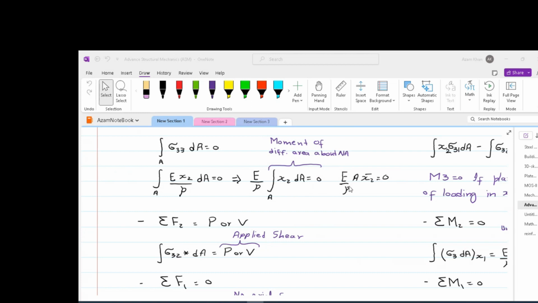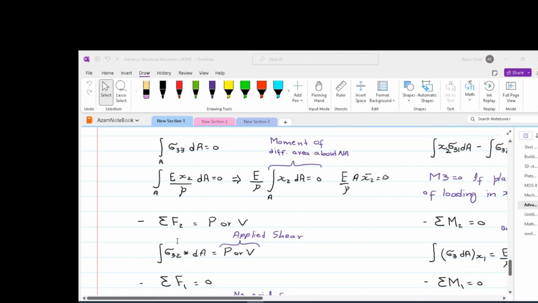In other words, the neutral axis must contain the centroidal axis of the cross-section. So this equation, the integral of x2 dA, is actually the definition of a centroidal axis. And based on that, we conclude that the neutral axis contains the centroidal axis of the cross-sectional area.